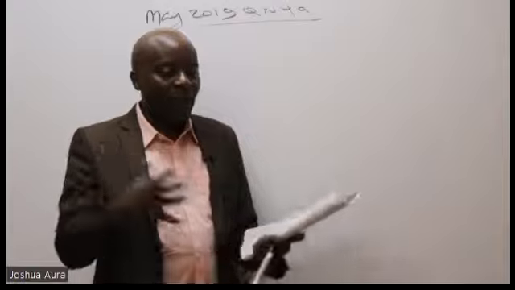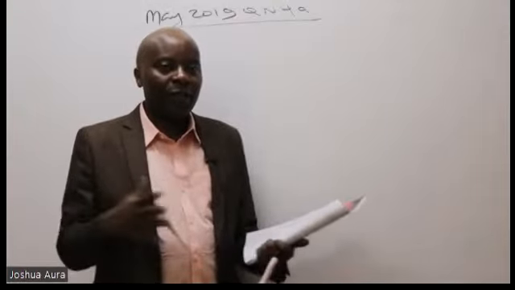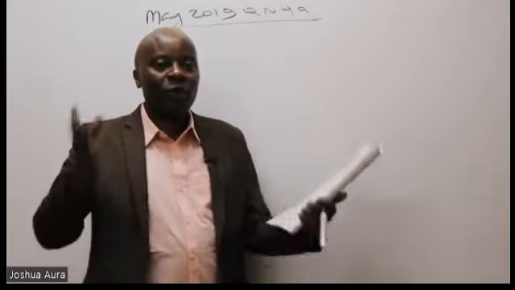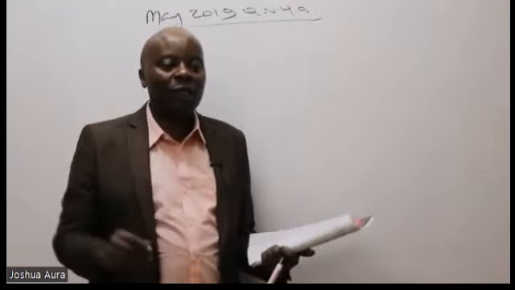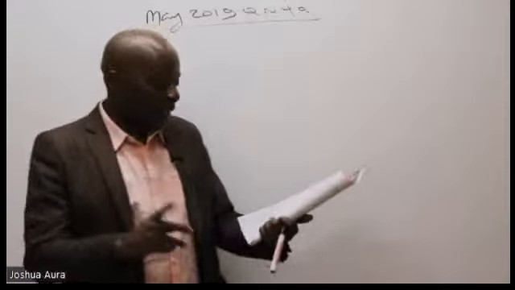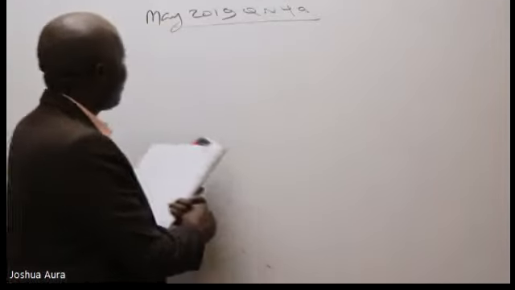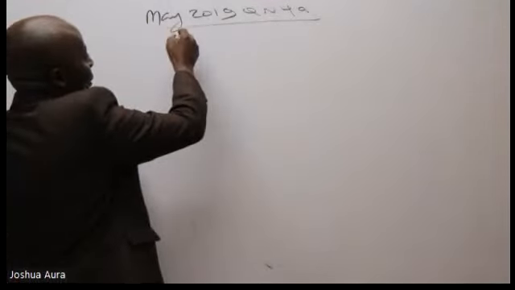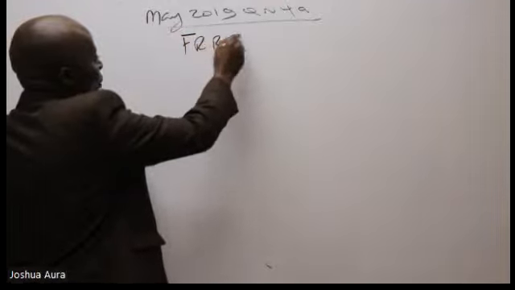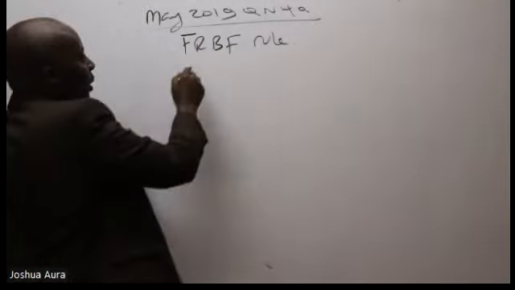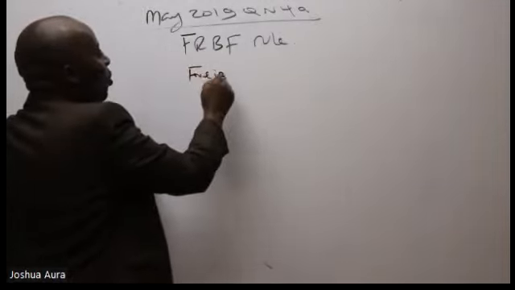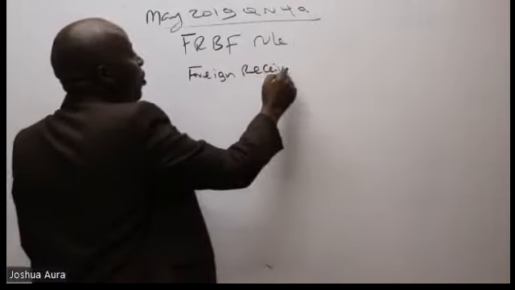Coverage is the same as a hedge. To hedge yourself is to protect yourself, to ring fence yourself, to cover yourself, right? So in this case I'm going to make use of the foreign boyfriend rule. It's a foreign receivable.